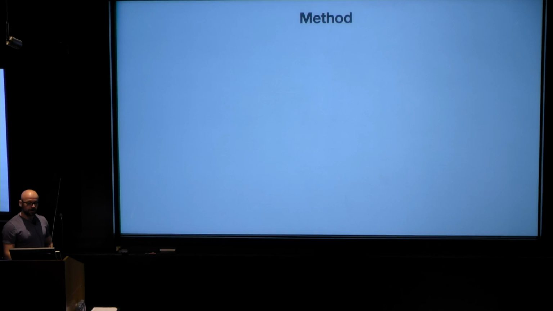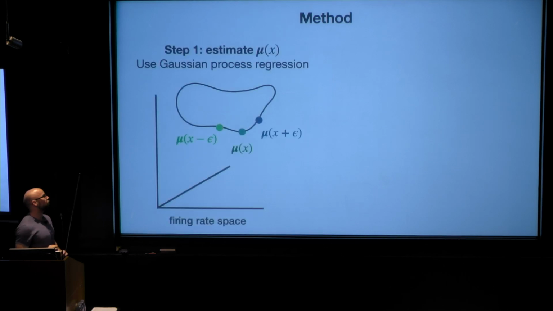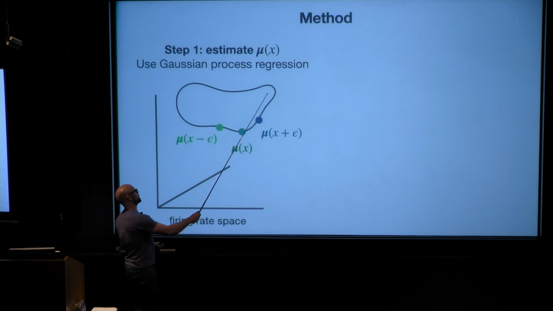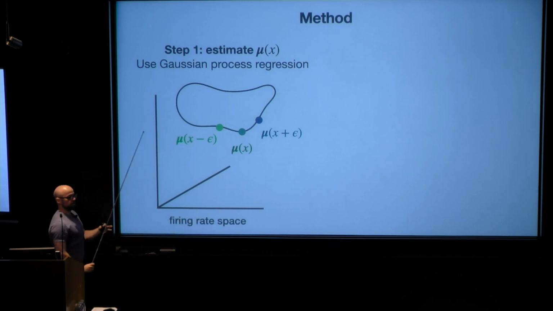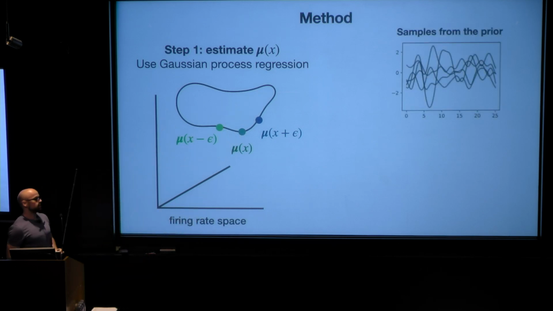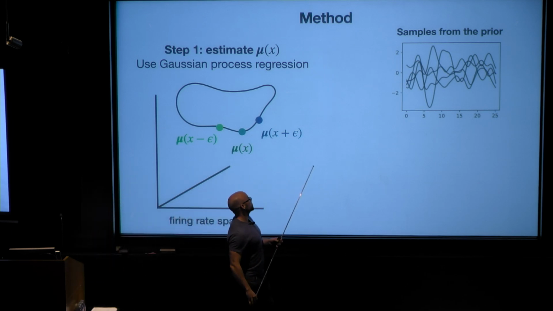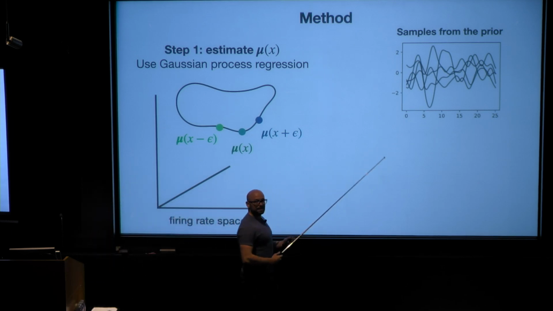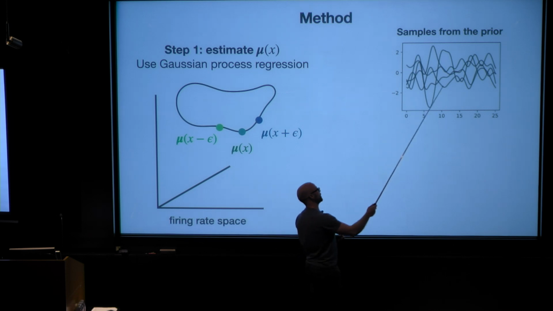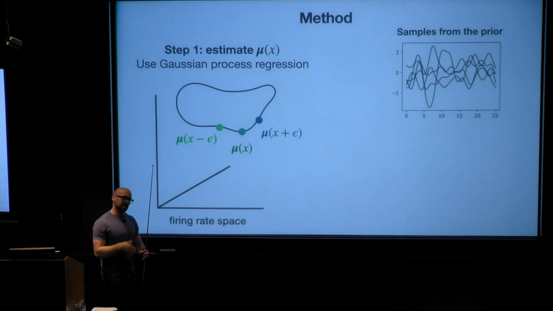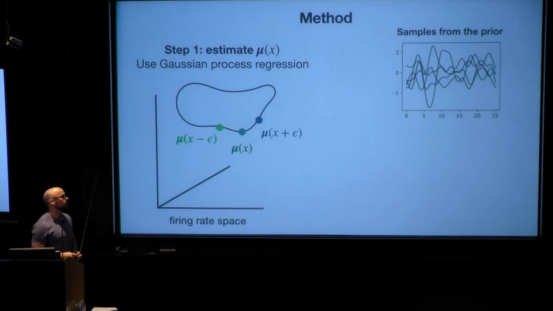OK, so very quickly on the method, I've already told you that we're going to be using Gaussian processes to estimate the mean response. And you've already heard this from the previous 2 talks. But the basic idea of a Gaussian process is I'm going to put a prior over nonlinear functions. The prior is going to be specified by some kernel with some length scale and parametric form.